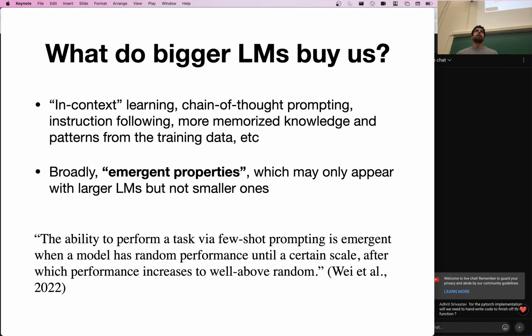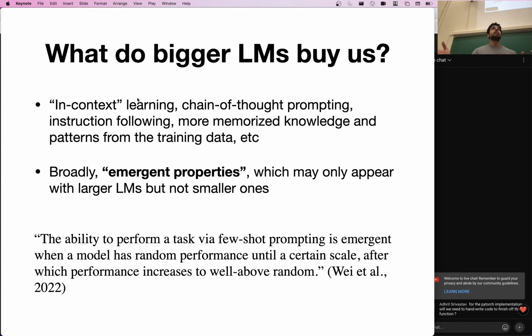And so in the past couple years, we've seen that as we scale in all of these dimensions, model size, compute, data size, we observe these interesting properties that start to emerge, right?